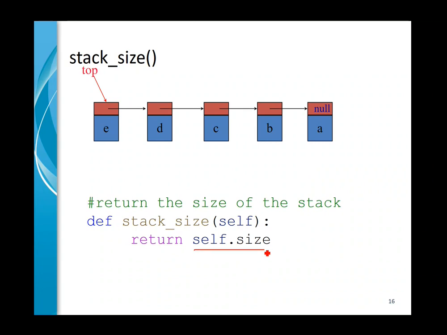It can just return the size, because whether you are adding or removing a node, you update the size. Therefore, you can just return the value of the size. So these are the main operations of the stack.